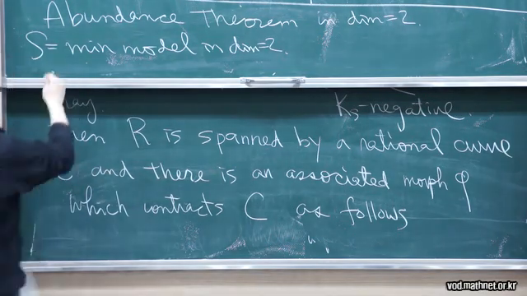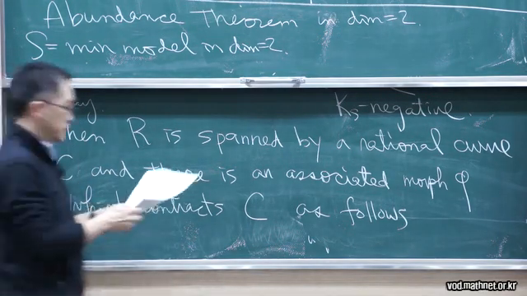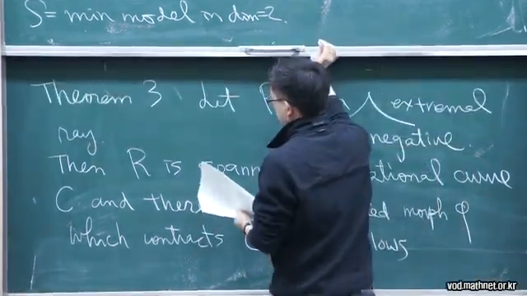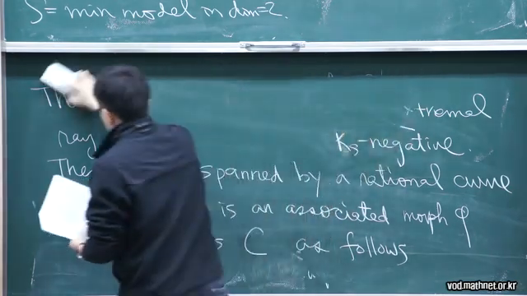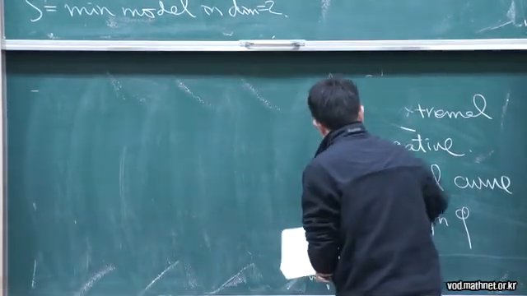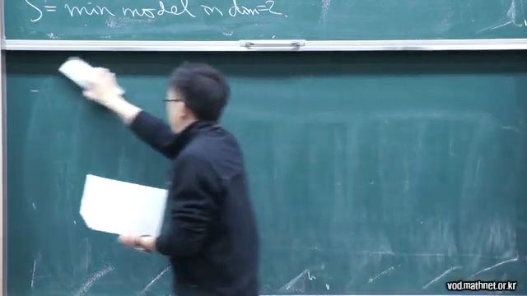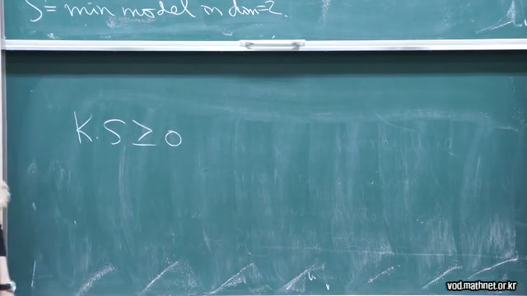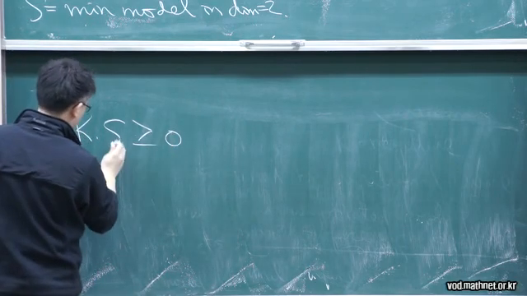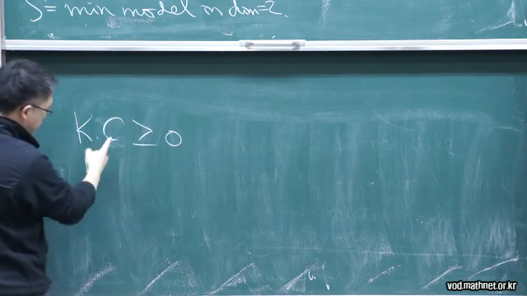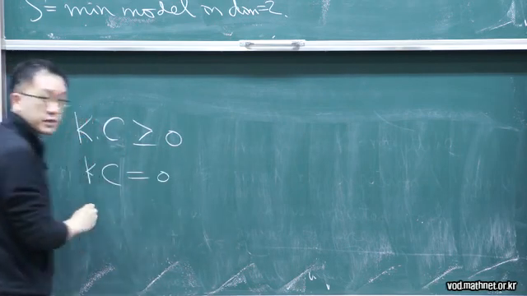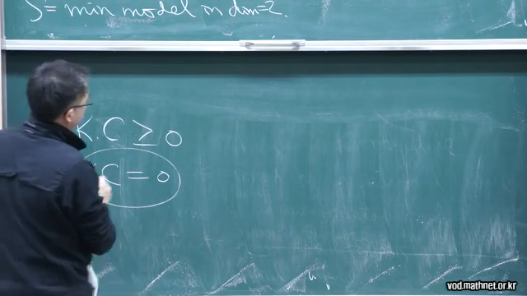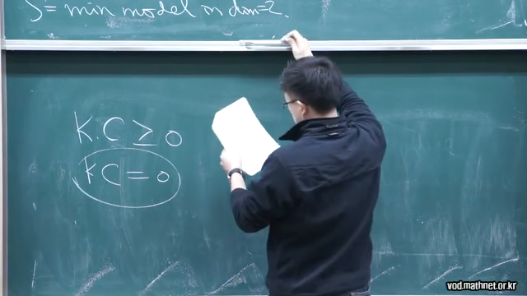So it's smooth and K_S is nef in this case. Nef means K_S is not negative. So there may be some curves C such that the intersection is 0, and we want to contract such curves. So this theorem says that.